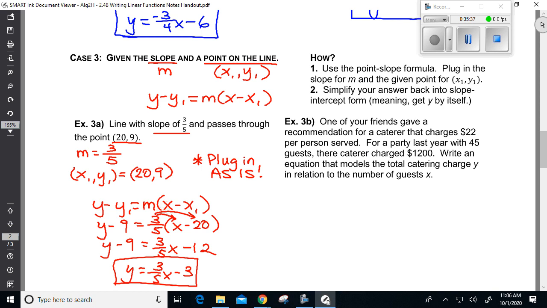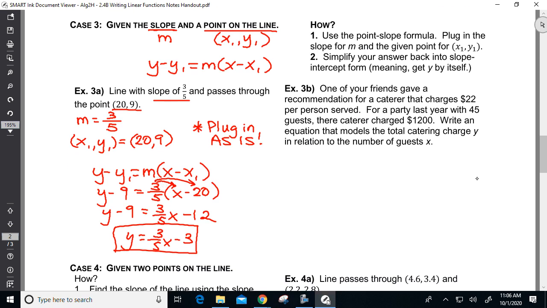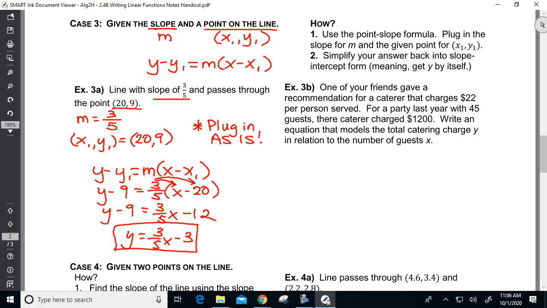Questions before you do a word problem then? Not seeing any, not hearing any. If it's just that easy, I'll take that too.